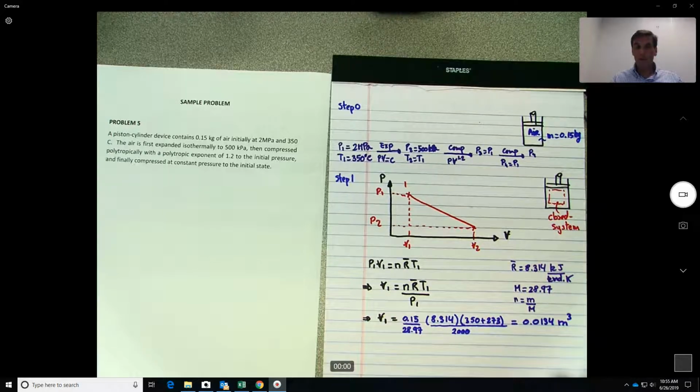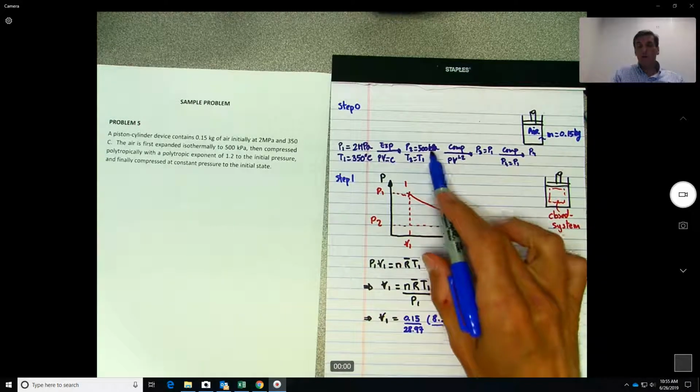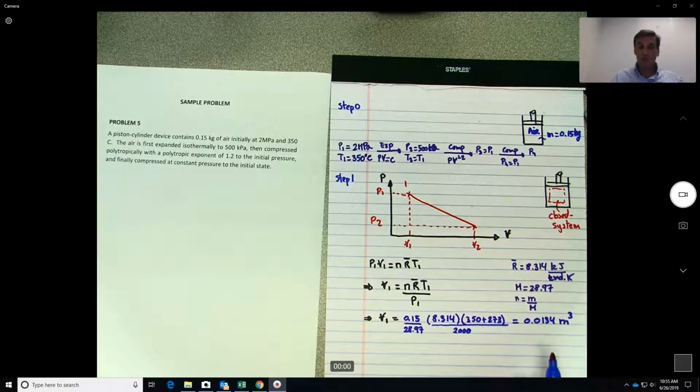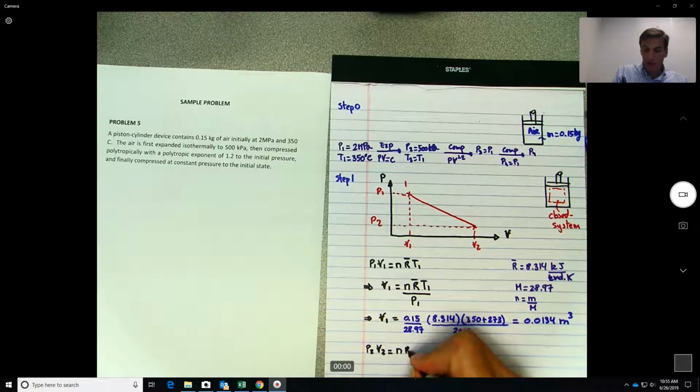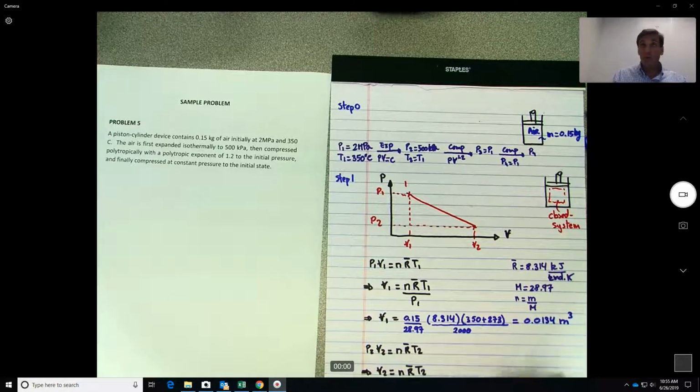Okay? So we can do a similar calculation for V2 since we know the pressure at 2 and the temperature at 2. If we do the same thing, we have P2 V2 equal to n R-bar T2, which gives V2 equal to n R-bar T2 over P2.